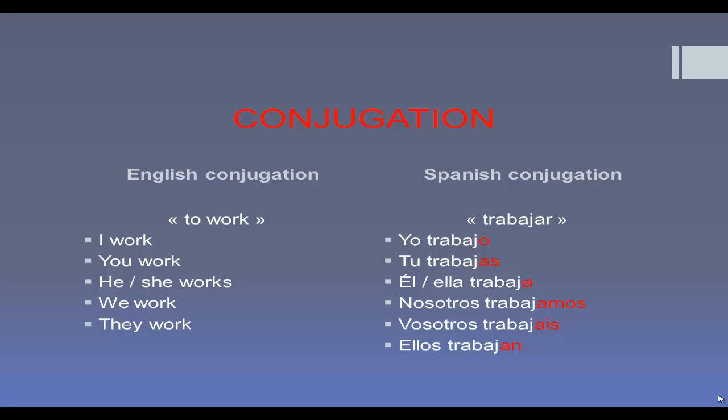But in Spanish, the verb trabajar in present simple is conjugated like this: yo trabajo, tú trabajas, él o ella trabaja, nosotros trabajamos, vosotros trabajáis, ellos trabajan. Here, we can see that in Spanish, the verb changes in the last syllable or the last letter according to the subject.